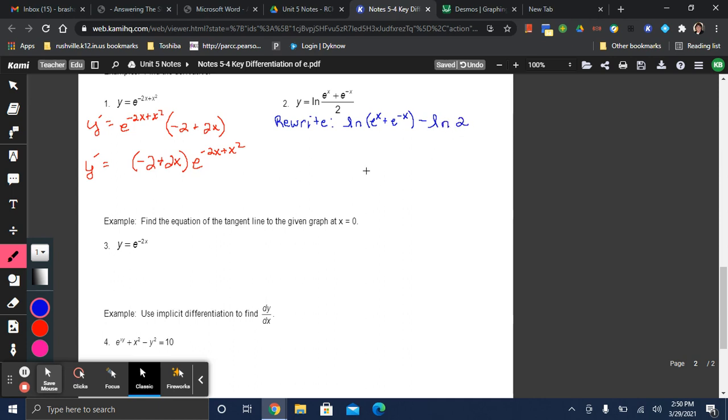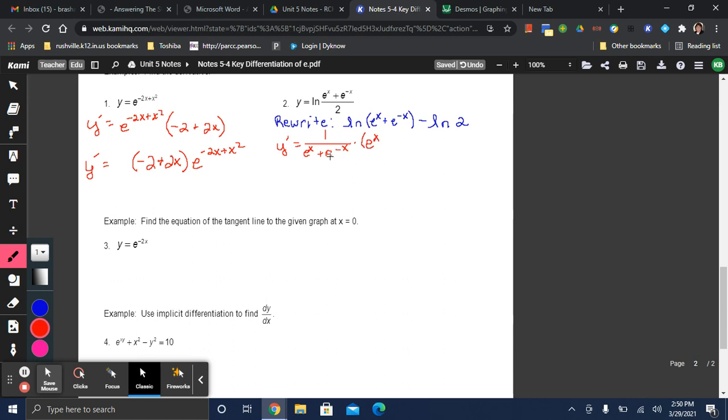Now, when I do the derivative of this, so y prime, it's a logarithm, so I have to do 1 over my argument. So 1 over e to the x plus e to the negative x, but I then have to multiply that by the derivative of that argument. So the derivative of e to the x is itself, e to the x.